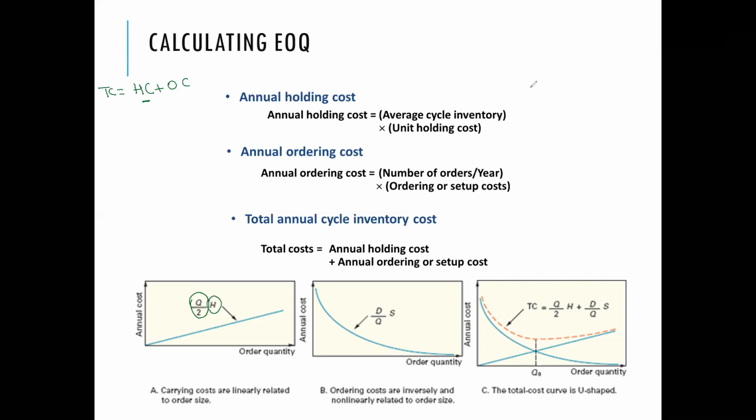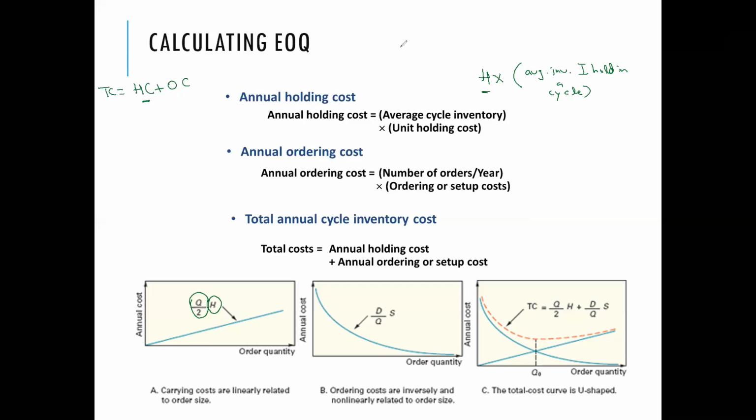So if my cost of holding 1 unit is H, my holding cost is the cost of holding 1 unit times the average inventory I hold in a cycle.